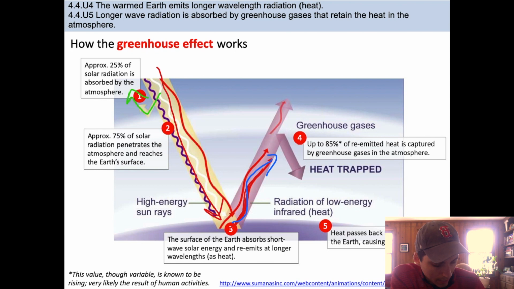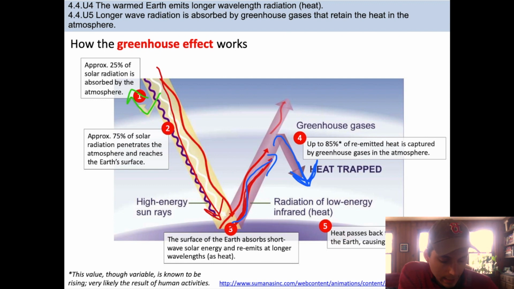So instead of the long waves that are re-emitted from the Earth going back out the atmosphere and into outer space, they are caught by the atmosphere and they are redirected back down towards the Earth. So instead of escaping out to outer space, that heat is retained inside of the atmosphere, and it passes back to the surface of the Earth, causing warming.